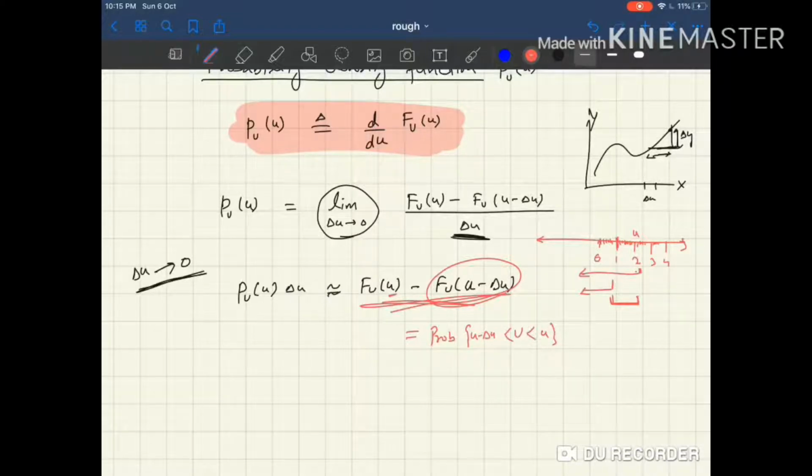So it follows that if you integrate everything from minus infinity to plus infinity, what you should get is this. How does it come?